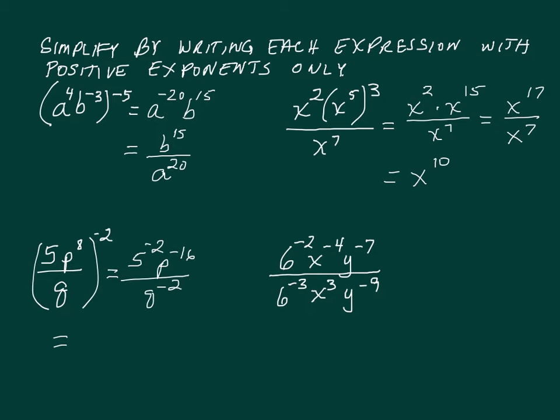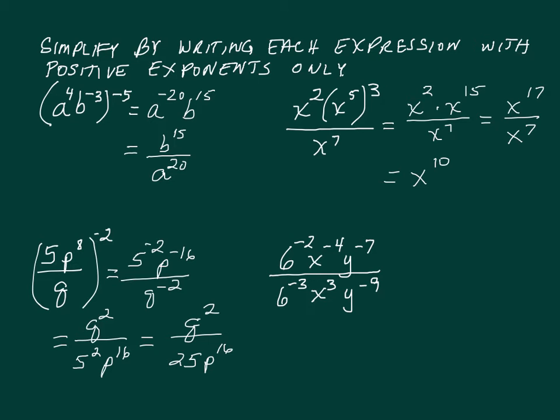So Q to the negative 2 moves to the attic and it becomes Q to the positive 2. 5 to the negative 2 becomes 5 to the positive 2 in the bottom. P to the negative 16 becomes P to the positive 16. And in the end, we get Q squared over 5 squared, which is 25, times P to the 16th.